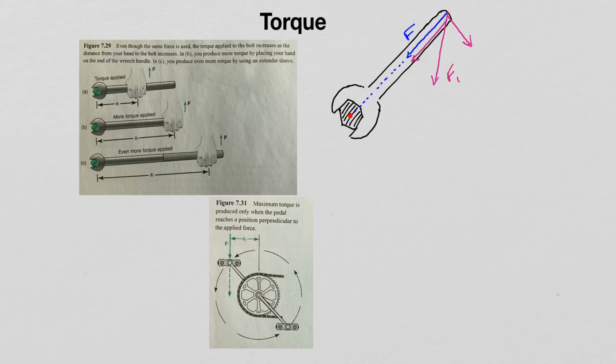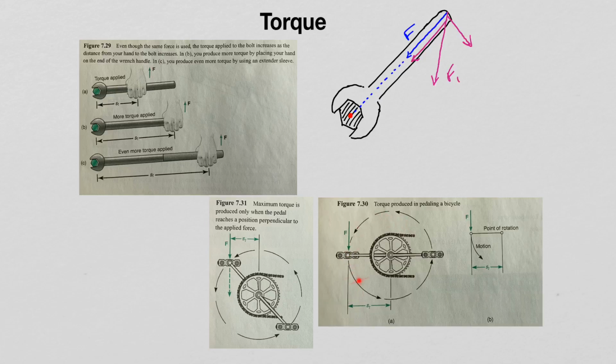So when is this torque here maximum? When do we have the biggest torque? Well, the biggest torque is generated only when the pedal reaches a position perpendicular to the applied force. So as you can see here, the pedal is not perpendicular to the applied force.